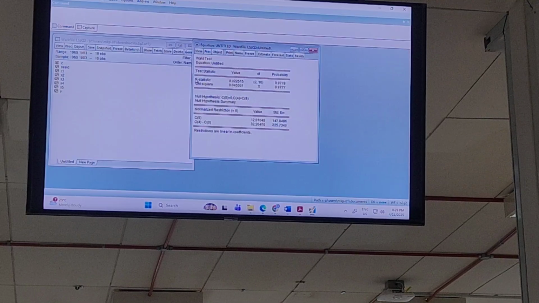For more than one restriction, you don't have a T statistic, you only have F, because T cannot be calculated for more than one restriction. So the F statistic is 0.02, the p-value is 0.97, just like before. This is also greater than 0.05, so we do not reject.